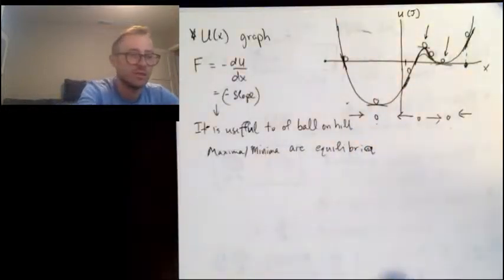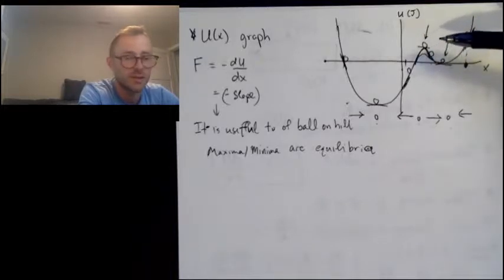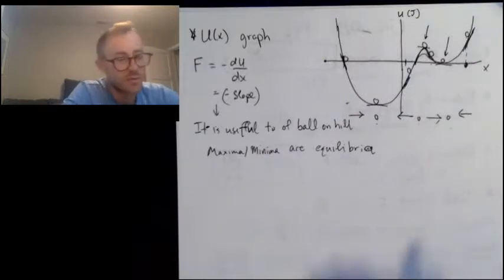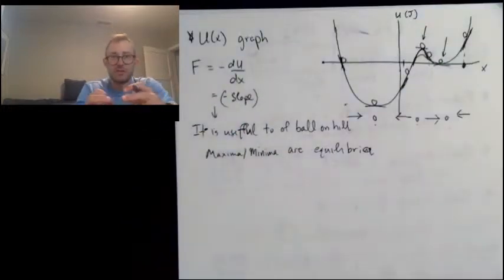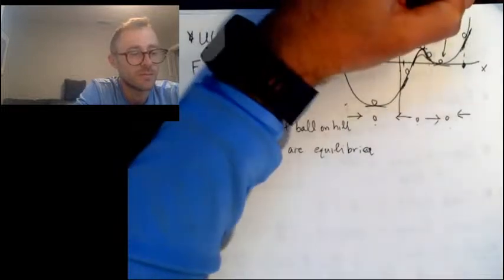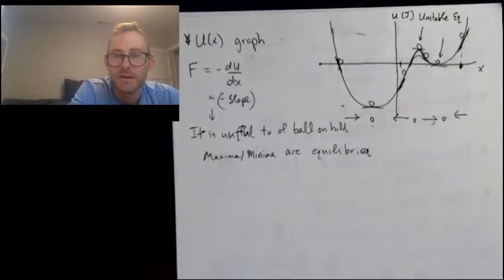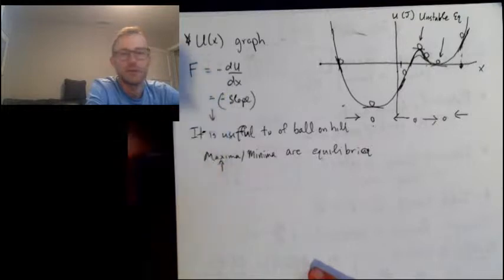If you nudged it to the left, it's going to roll away and never come back. So this type of equilibrium, where a small nudge leads to a bigger nudge that pushes it away from equilibrium, is called an unstable equilibrium. So basically the maxima are unstable.